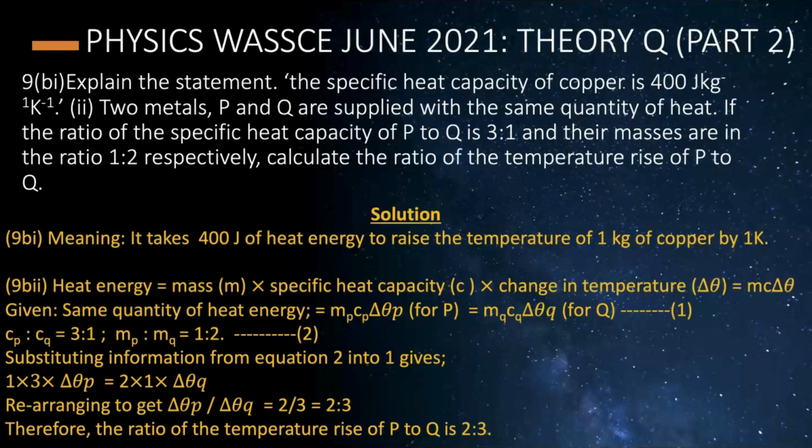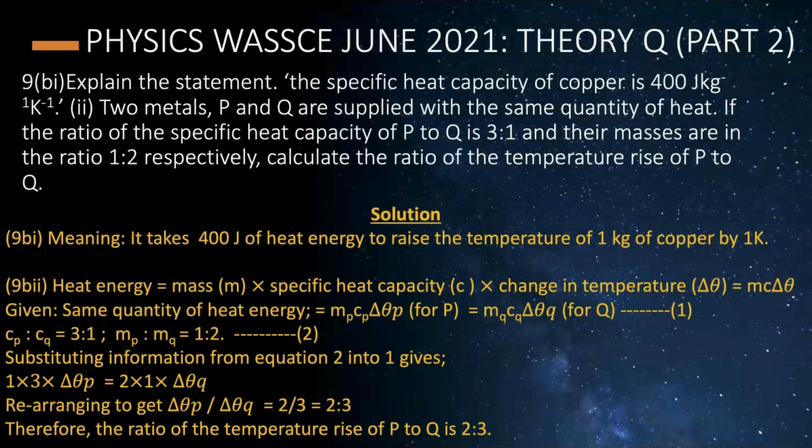So also be careful about the way the ratio should go. This question said the ratio of P to Q. That means you need to rearrange this equation. At this point, you do not have any other variable except the temperature rise for the two metals. So just rearrange it so that it will answer the question.